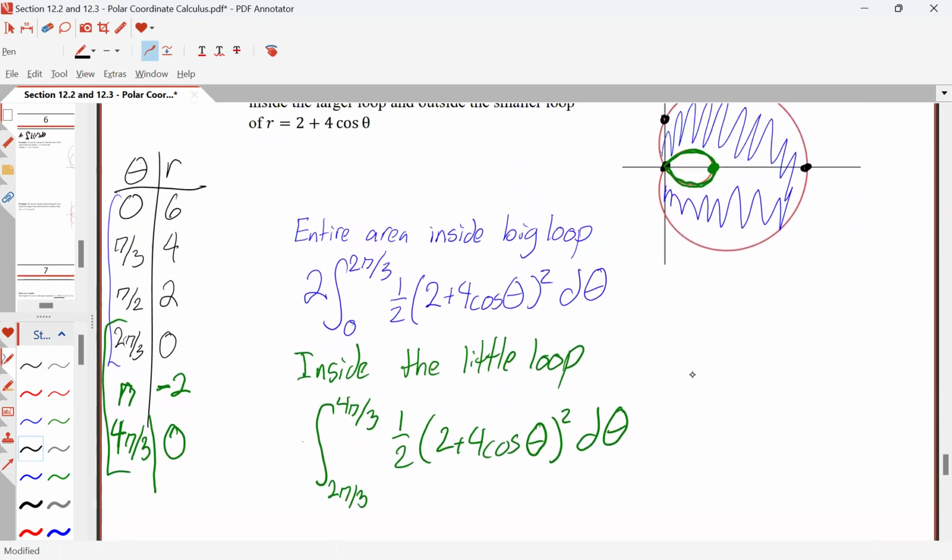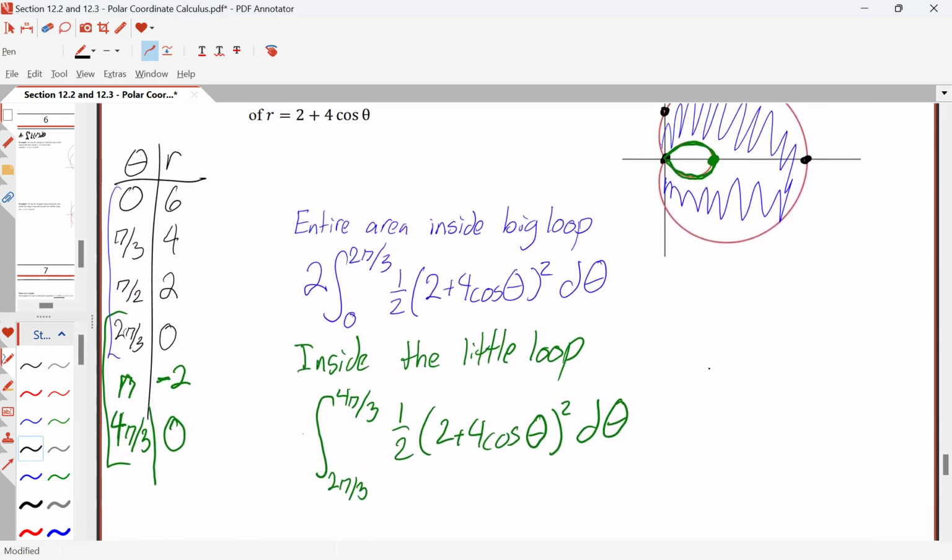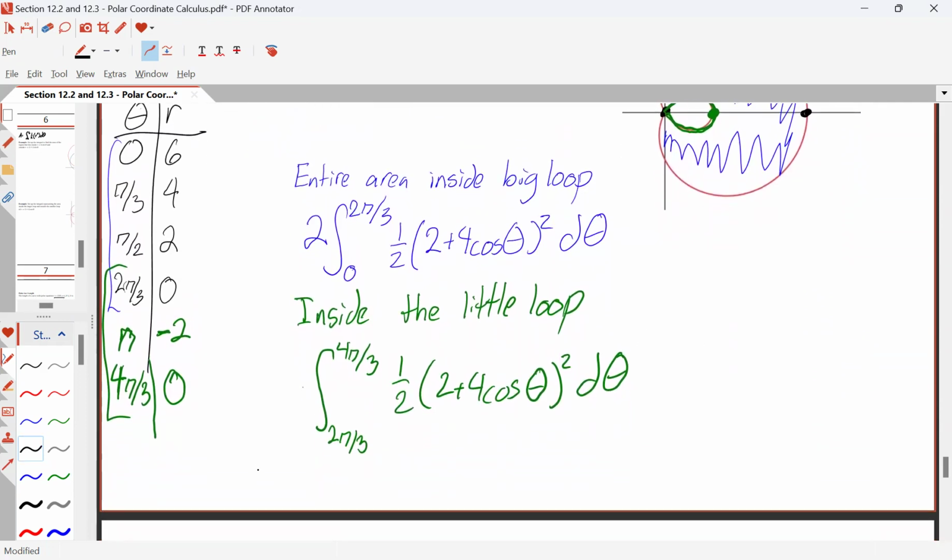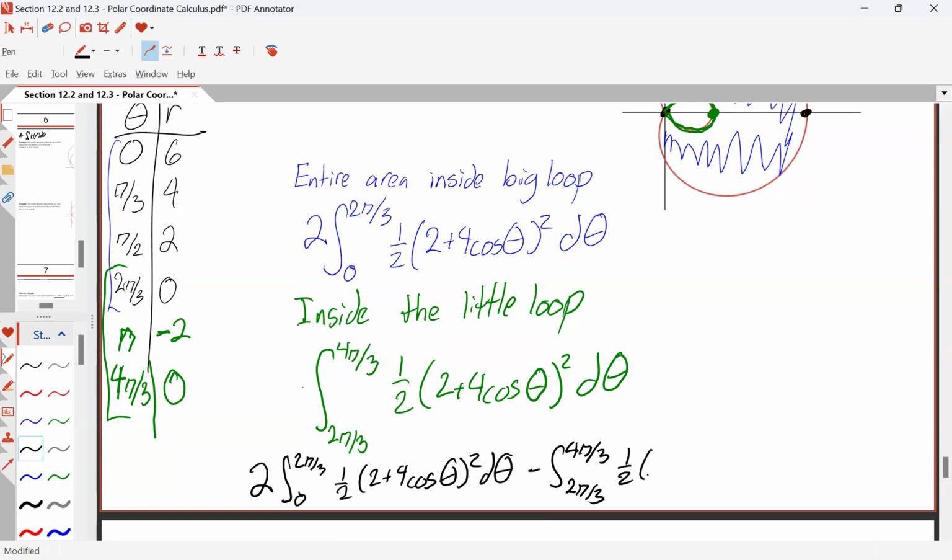So to find just this blue area shaded, we would have 2 times the integral from 0 to 2 pi over 3 of 1/2 (2 plus 4 cosine theta) squared d theta, minus the integral from 2 pi over 3 to 4 pi over 3 of 1/2 (2 plus 4 cosine theta) squared d theta.